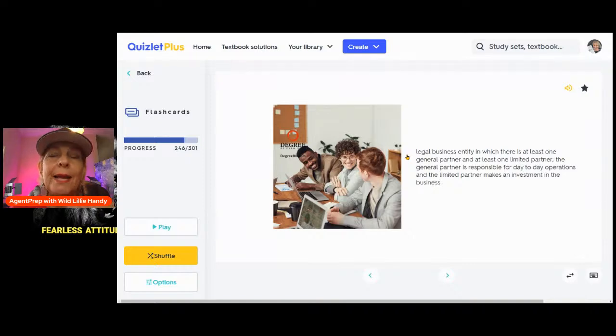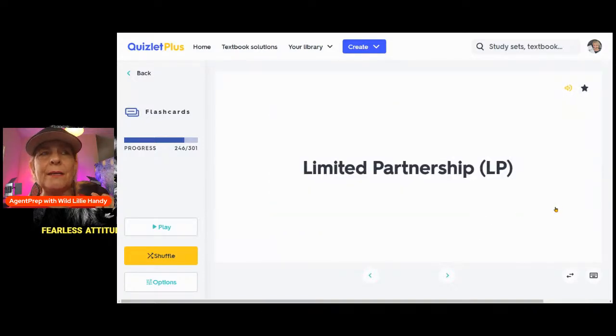So they could be a quiet partner, okay? They just invest money or have limited responsibility. So the general partner is the everyday activity partner. That is a limited partnership, different from an LLC. This is a partnership of at least two individuals.